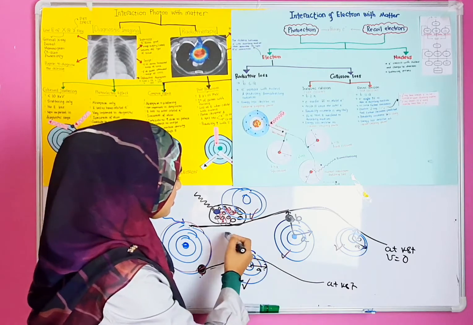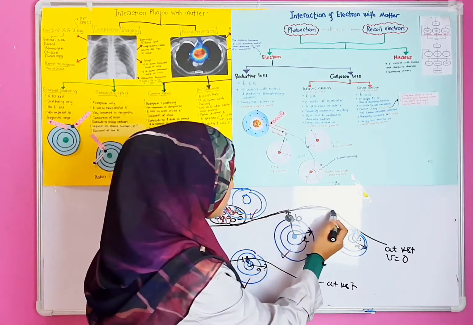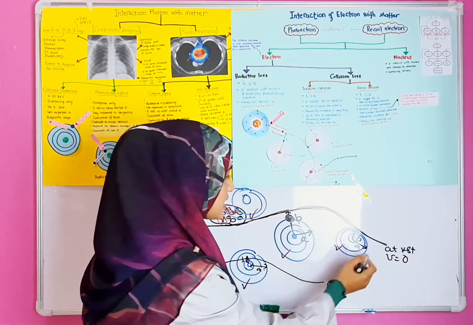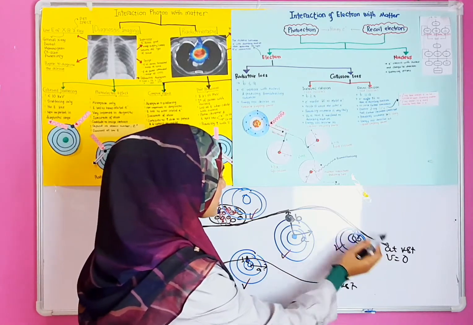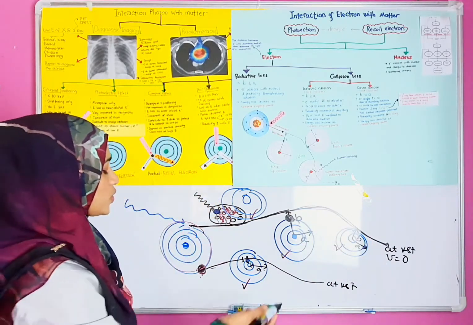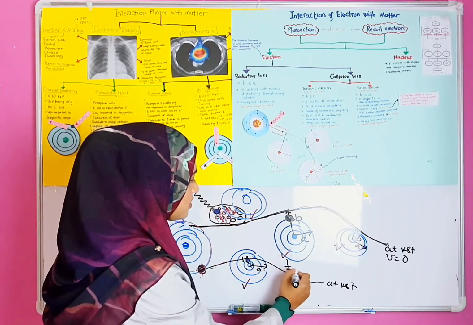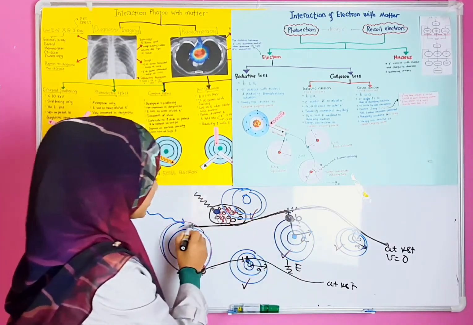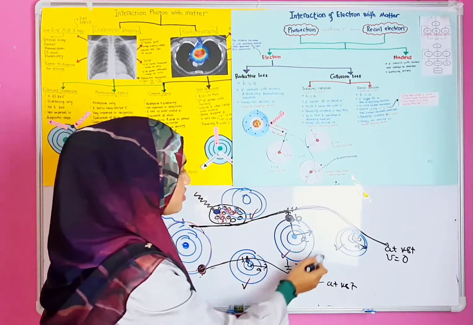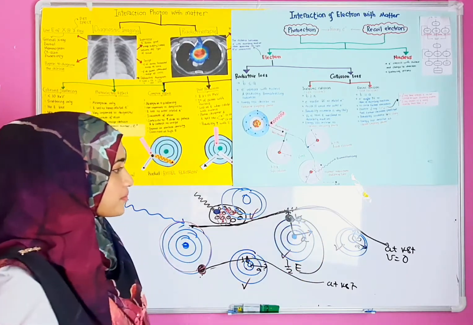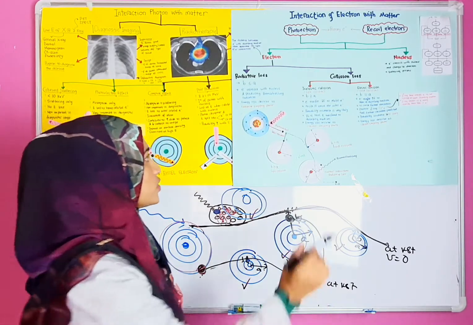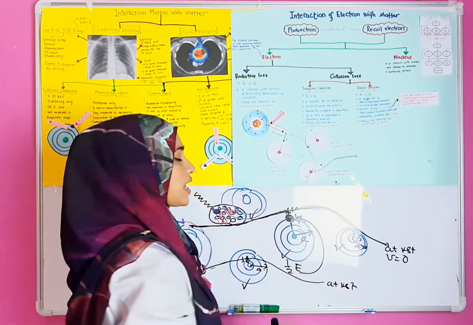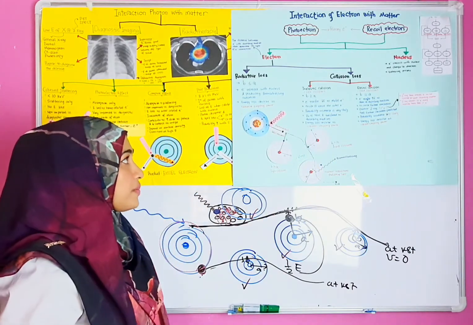Then it will keep on travelling until it meets another atom and comes to rest. So the energy from the particle track coming from here is transferred to this atom. The energy loss is described as collision stopping power.